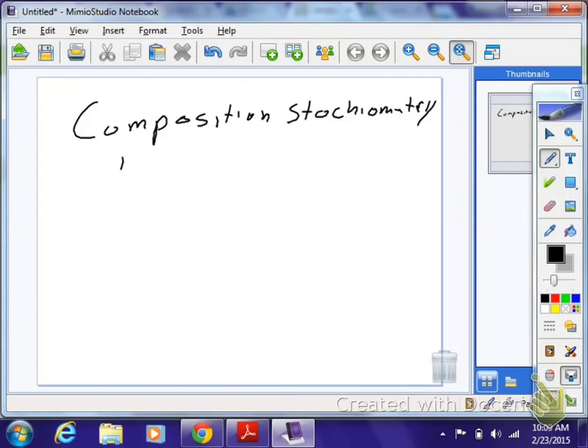Like if I had H2SO4, then I could look at their percentages by weight, which is what's called the percent composition. That's composition stoichiometry. You don't have to do this, but this is an example.